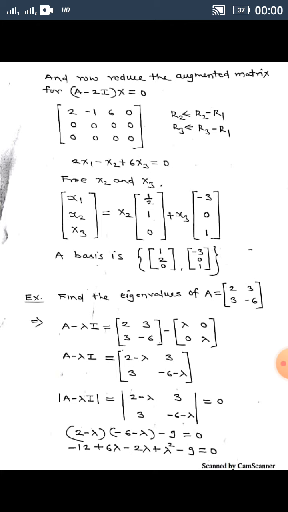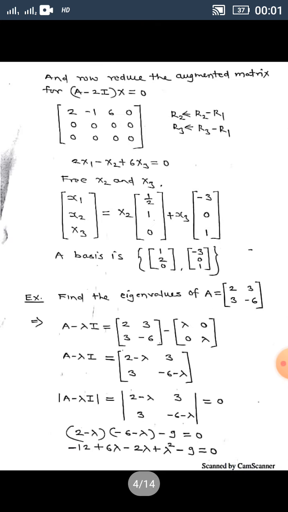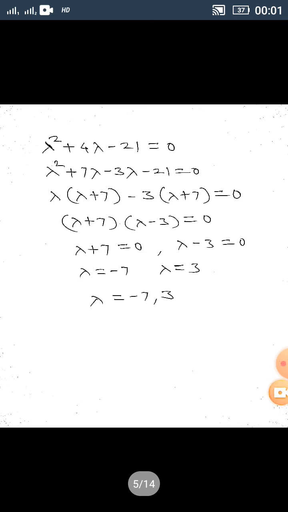Now 2 into minus 6 is minus 12, minus 6 into minus lambda is plus 6 lambda, 2 into minus lambda is minus 2 lambda, minus lambda into minus lambda is plus lambda square, minus 9 is equal to 0. Next, the simplification is lambda square, 6 minus 2 is 4 lambda, minus 12 minus 9 is minus 21, is equal to 0.